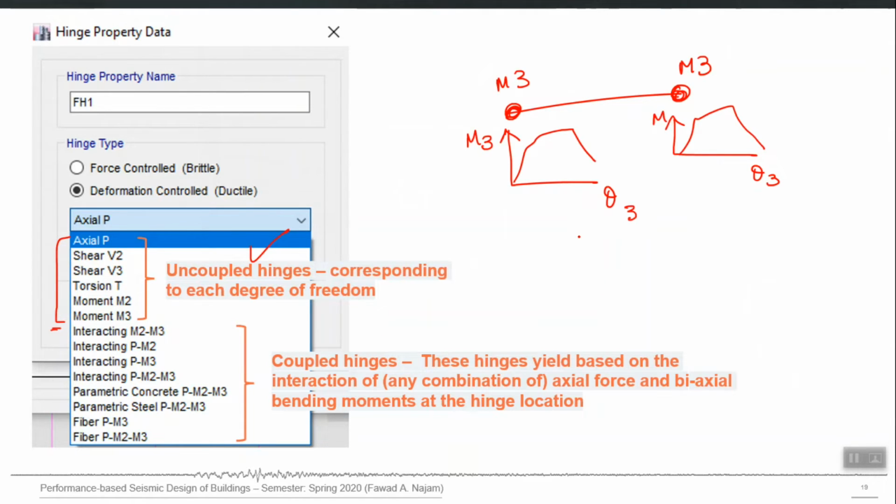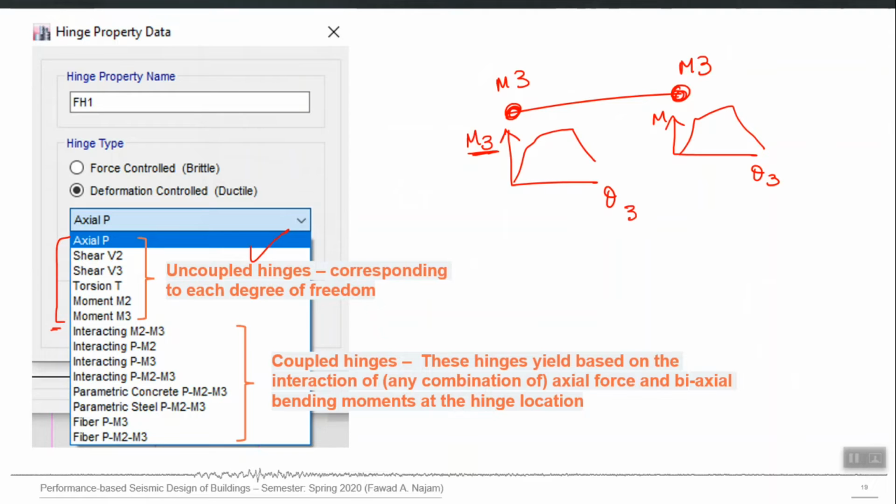So if I use these 2 hinges at both ends of this beam, I am not interfering with all 5 degrees of freedom which are also there at both ends, right? I am only modifying this particular M3 degree of freedom, right? So M2, V2, torsion, axial load, and V3, all 5 other actions I am not disturbing.